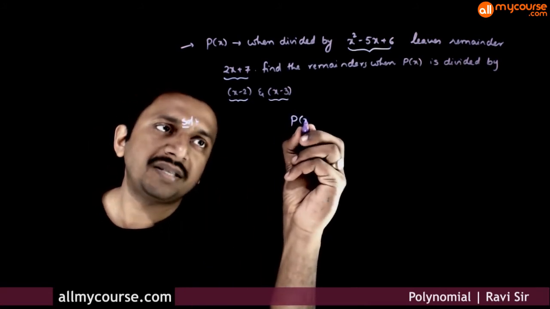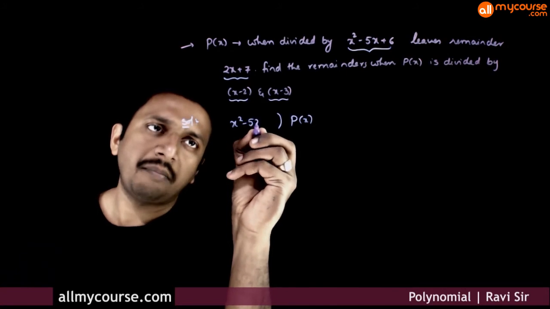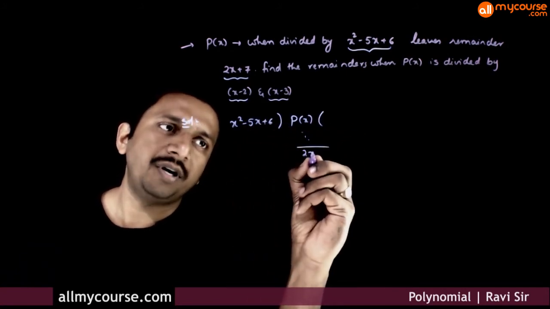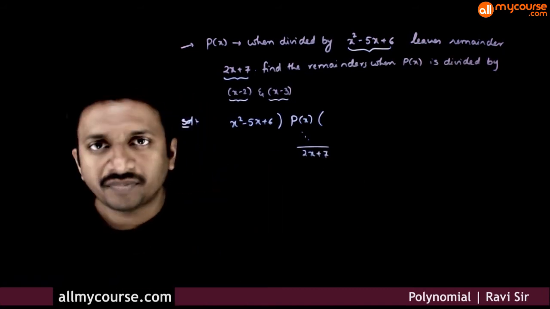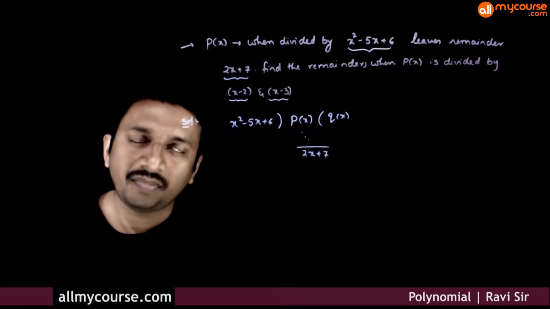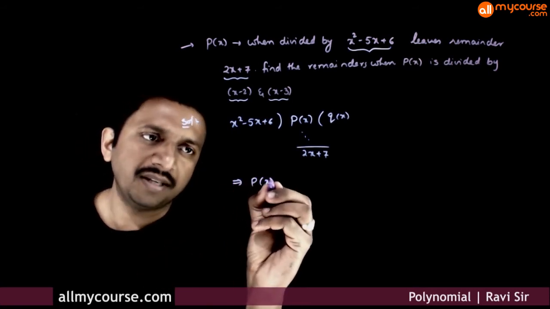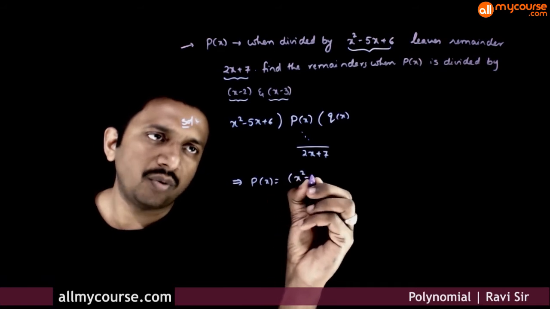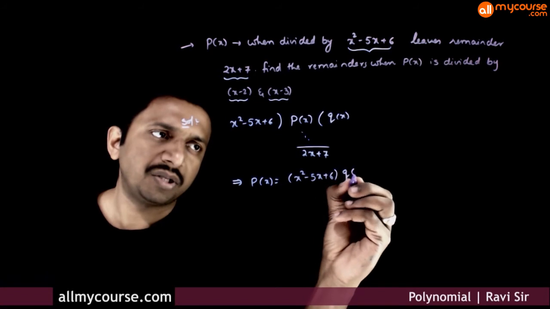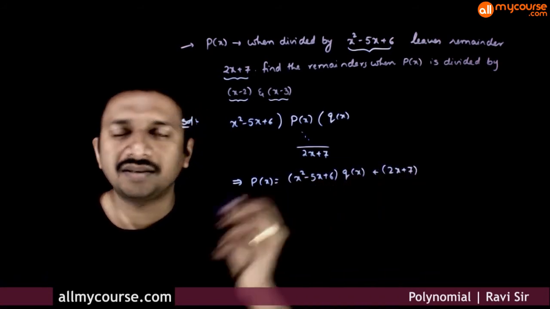So according to the first information, if p of x is divided by x square minus 5x plus 6, the remainder is found out to be 2x plus 7. Assume that you got some quotient q of x. So from the division algorithm, you can write that p of x is equal to x square minus 5x plus 6 times q of x plus 2x plus 7.